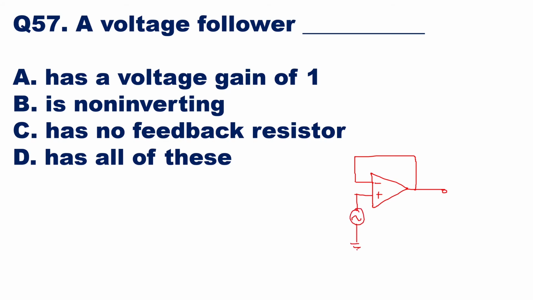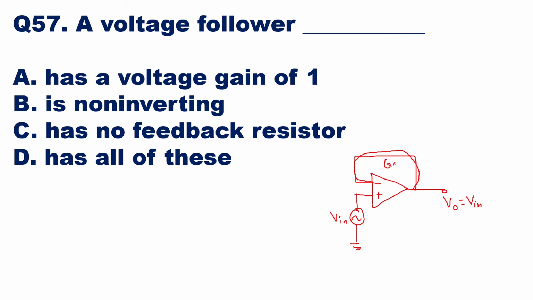Okay, now whatever voltage V in you have here, the same voltage will be seen at the output. So V out is equal to V in, because the gain will be unity here, because you're just going to connect the inverting terminal to the output.